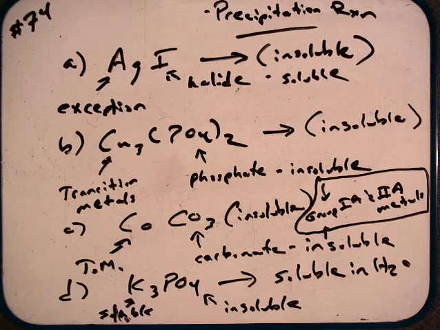And then I went to the metal to see if it was really a transition metal, in which case there's usually no help. We might find it as an exception, such as part A. We also might find an exception, as in part D, with that group 1A metal, now making phosphate soluble. That is number 74.